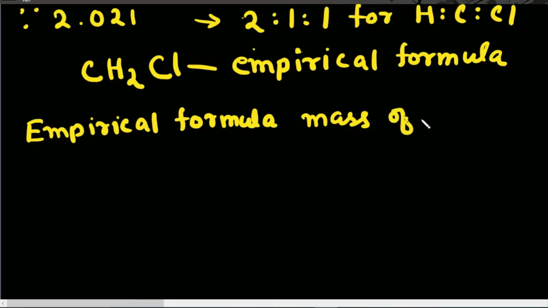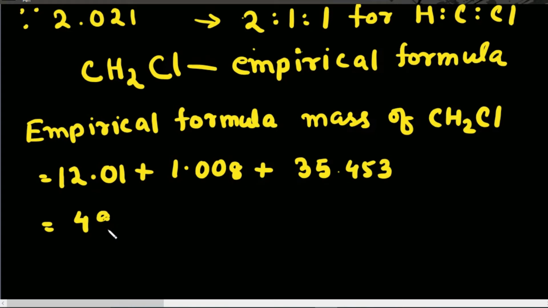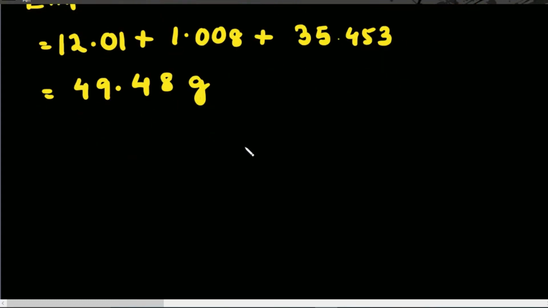Thus, for CH2Cl, the empirical formula mass is equal to the mass of carbon, that is 12.01, plus twice the mass of hydrogen, that is 2 into 1.008, plus the mass of chlorine. So we get it as 49.48 gram.